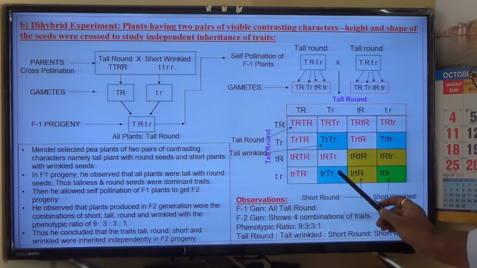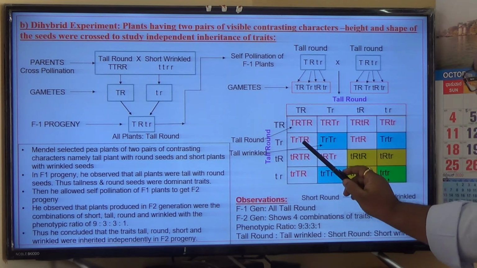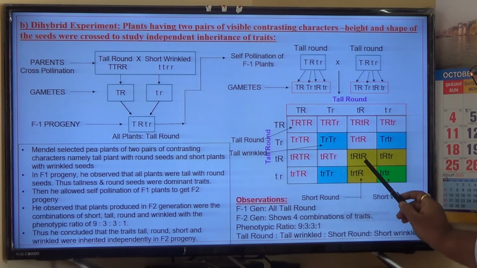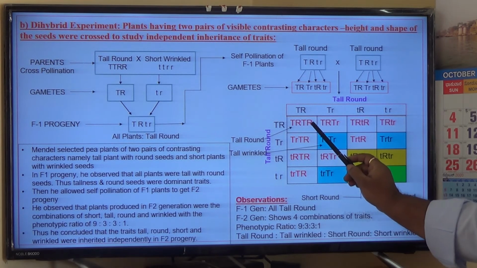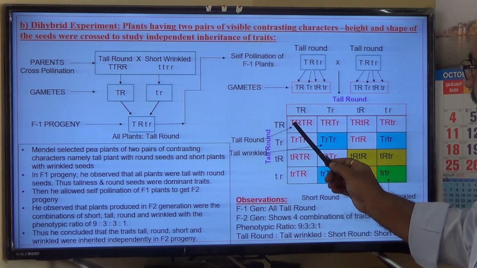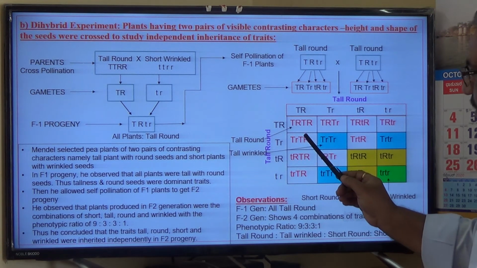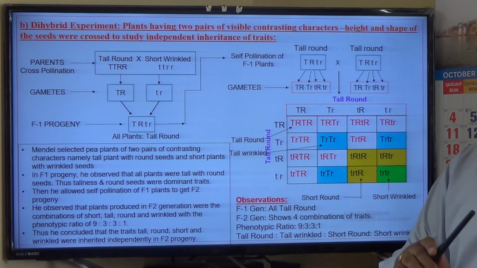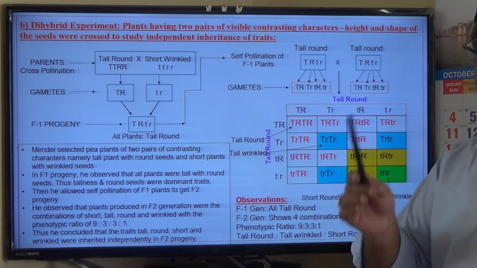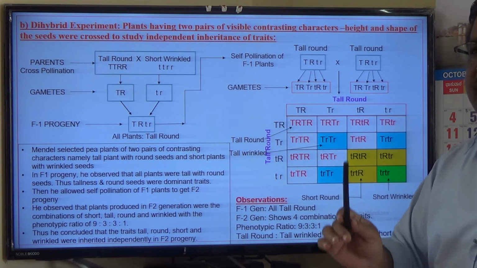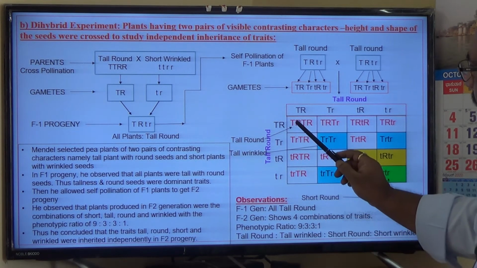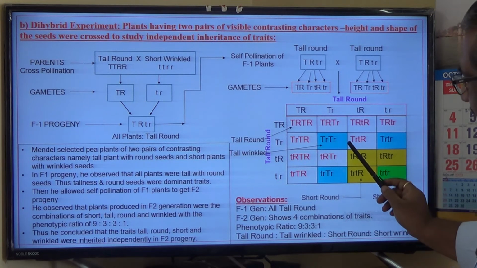If we count all these red letters, 1, 2, 3, 4, 5, 6, 7, 8 and 9, there are 9 plants with the capital T and capital R combination. See, one capital T and one capital R is enough to make the plant tall and round. Let the other two be any combination, we need not worry at all. By counting, we observed that tall and round plants were 9.